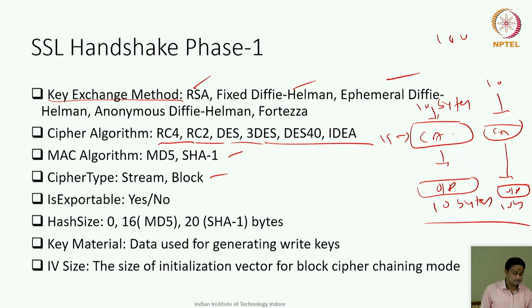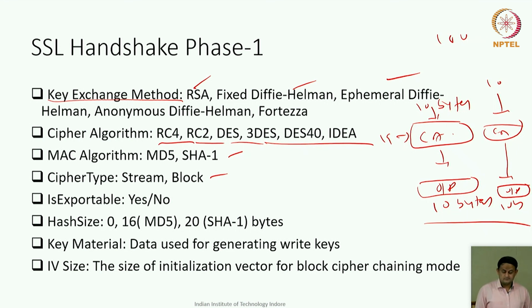You concatenate all of these and you get one encrypted output. That is the block cipher. Every 10 bytes from the input is taken and passed on to the encryption algorithm. Then whatever encrypted data you get, you concatenate and use it for transmission. In a block cipher, there is no connection between the first 10 bytes and the second 10 bytes.